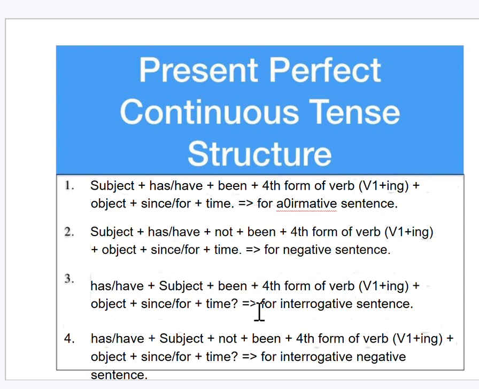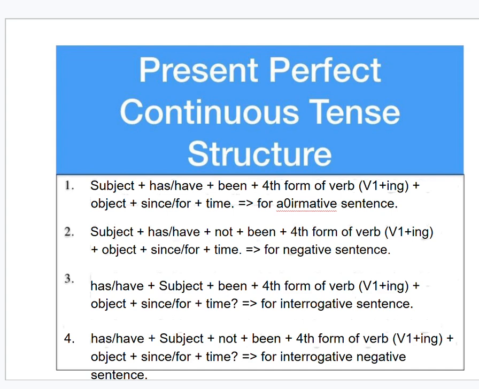The third one is used for questions, the interrogative sentence: have/has plus subject plus been plus verb V1 plus ing plus object plus since or for time. The fourth one is used for the interrogative negative: have/has plus subject plus not been plus verb V1 plus ing plus object plus since or for time.